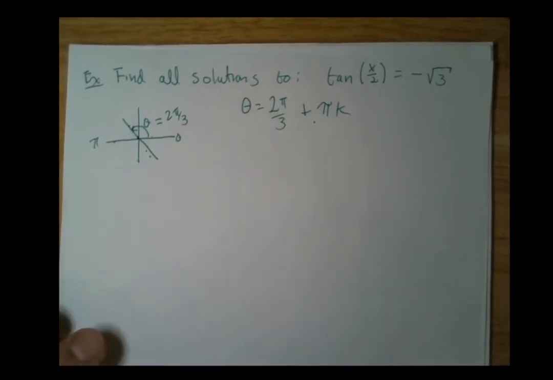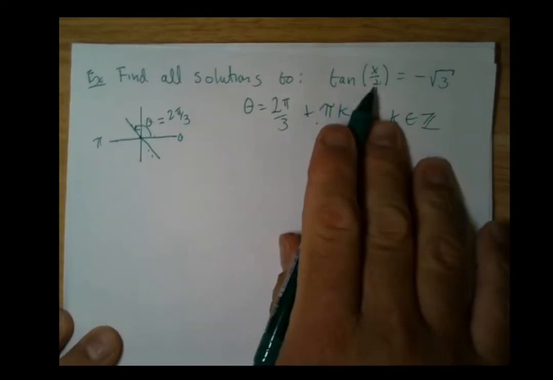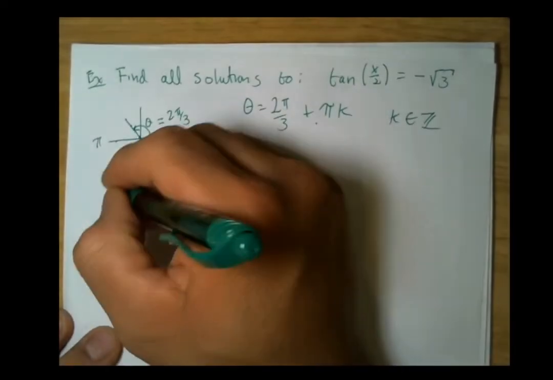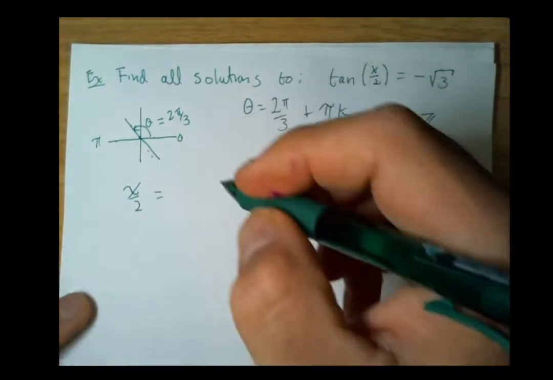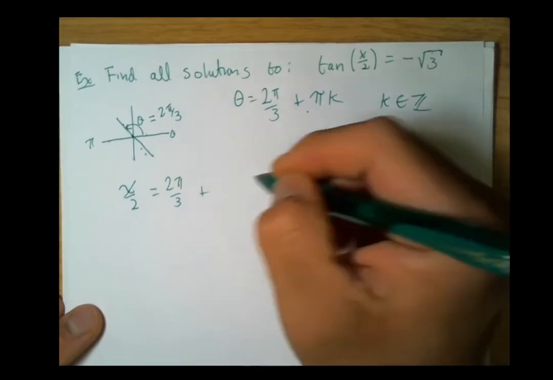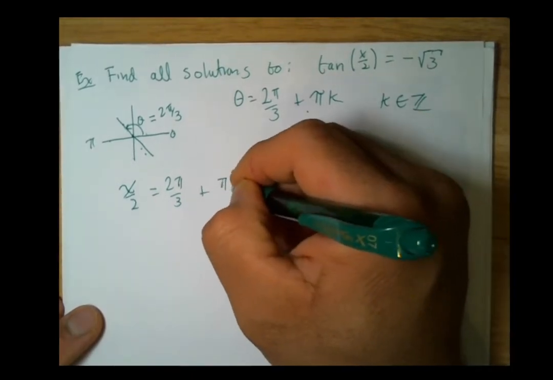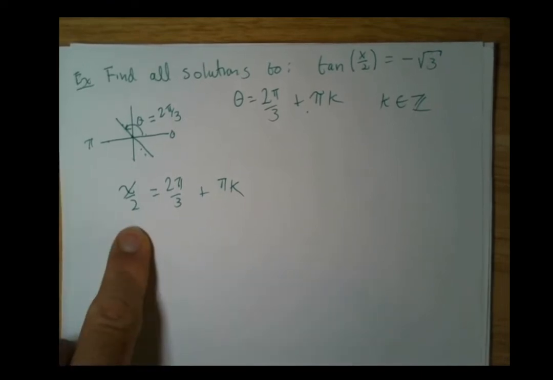But again, I'm not looking for theta. I want to solve for x, so I'll replace theta with x over 2. That is equal to 2 pi over 3 plus pi k. Okay, and then here, all right, I want to solve for x. I don't want x over 2. I want x.